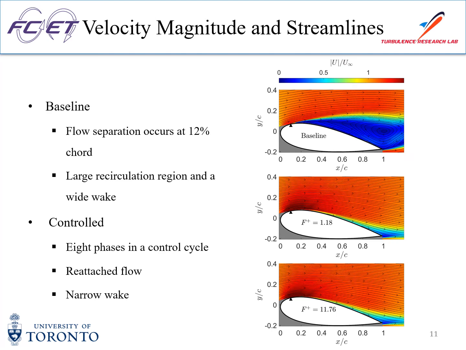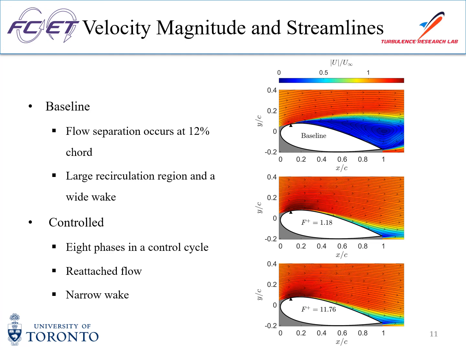Velocity magnitude and streamlines of the baseline, as well as the control cases, clearly confirm that the separation was suppressed by the forcing. The black triangle on the airfoil represents the location of the forcing jet. For the baseline case, a recirculating region is seen over the airfoil, which represents flow separation.